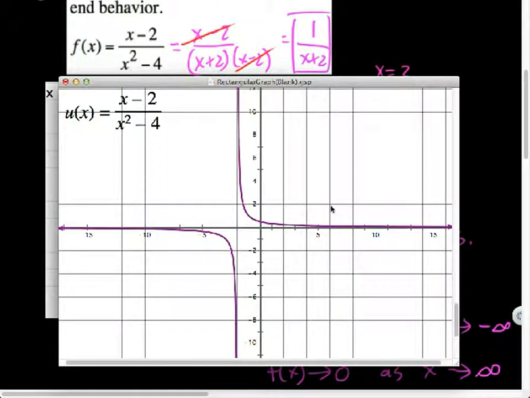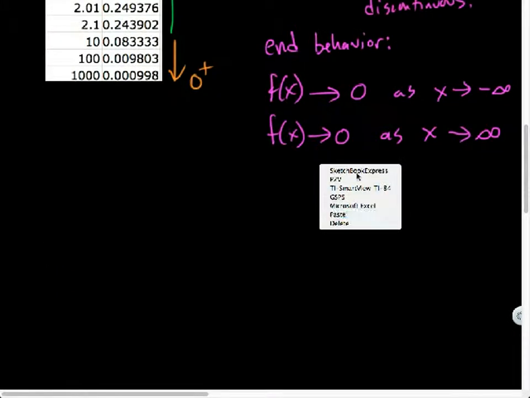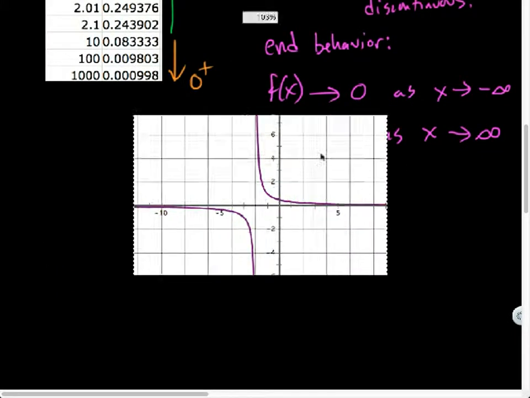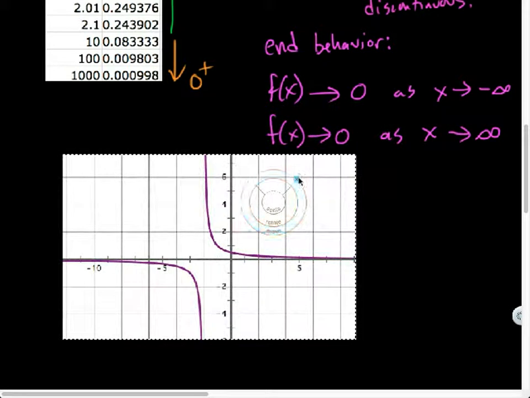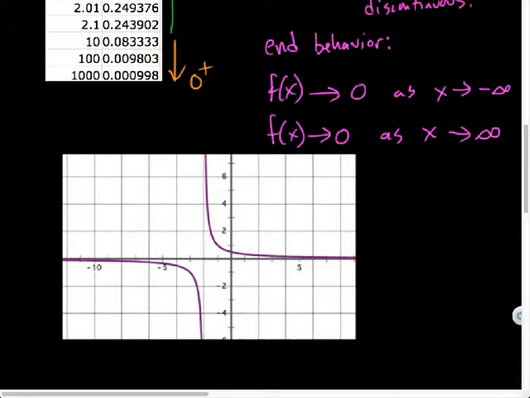It's lying to you, though, or the computer software is incapable of representing it accurately. But as far as it being at 2, what I'd like to point out is technically at x equals 2, there should be a little hole right in this graph, right there. But other than that, the rest of the graph is accurately represented.